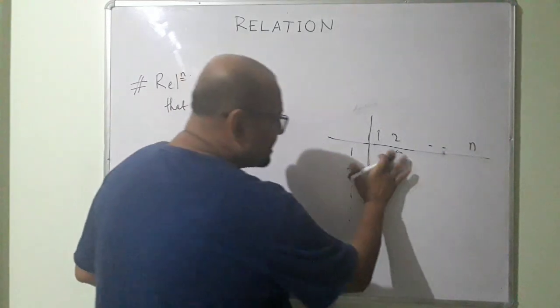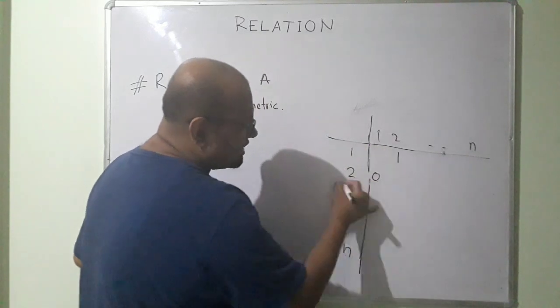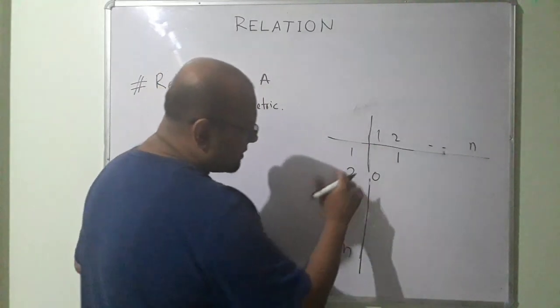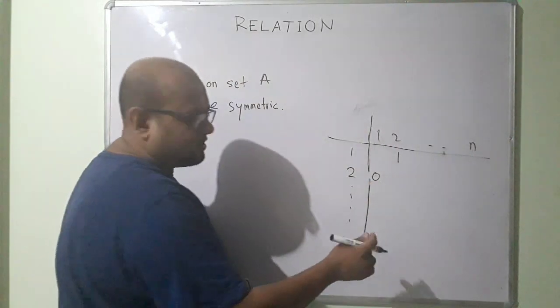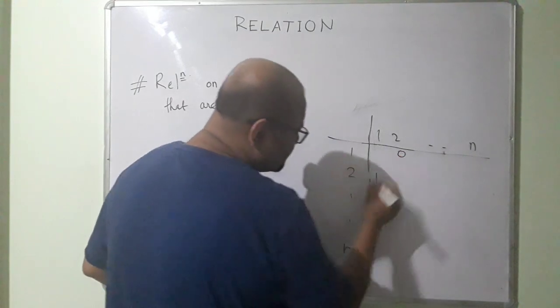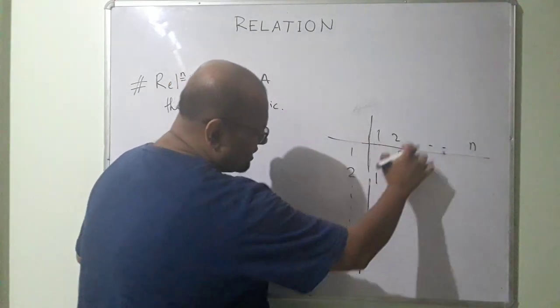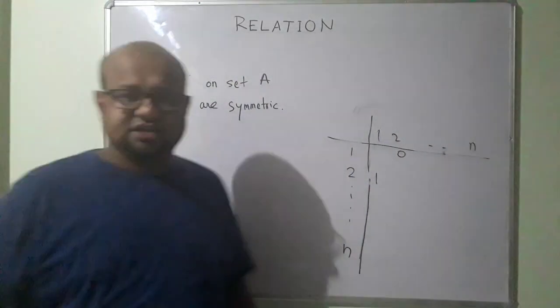So I cannot have (1,2) equal to 1 and (2,1) equal to 0, where AB will be there but BA will not. This is not allowed in a symmetric relation.